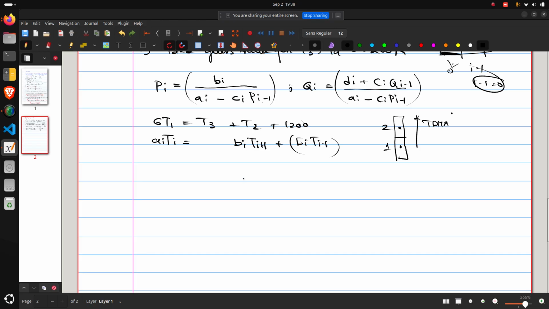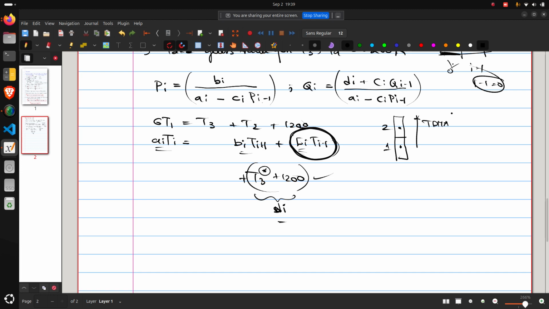The other thing is T3, where we have taken the guess value T3 star, plus 1200. This acts as Di. So we have this form Ai, Bi, Ci and Di, but this thing does not exist.